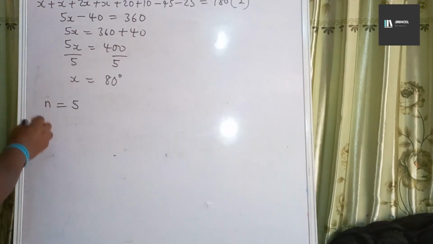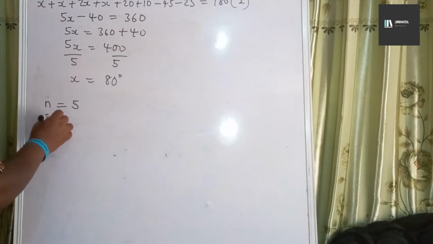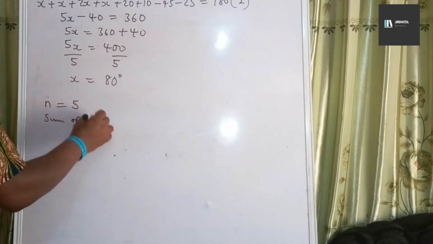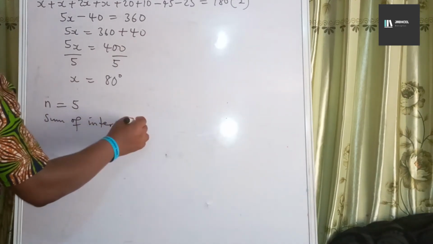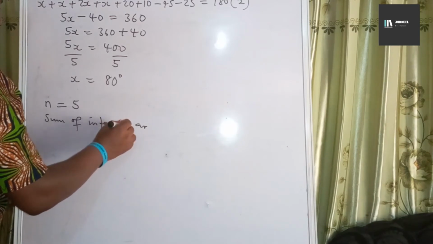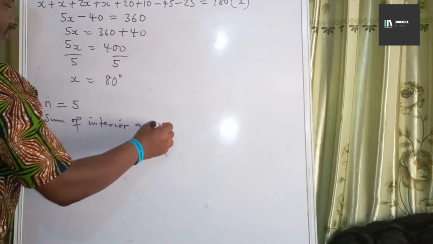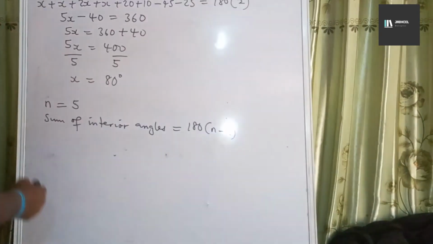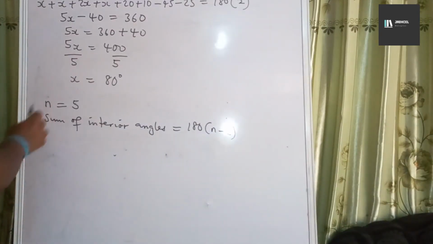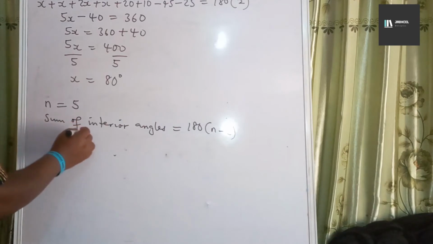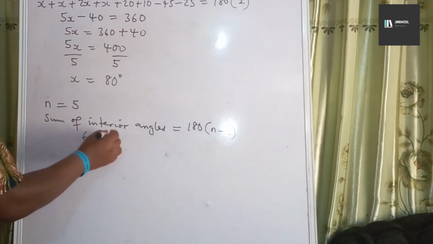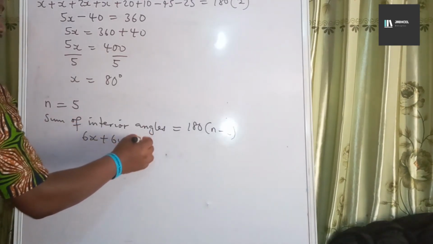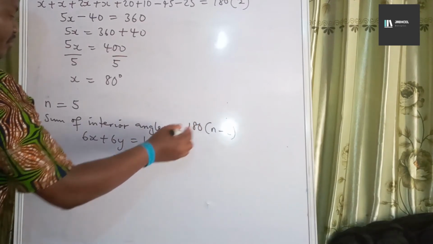So let's write the sum first. Sum of interior angles equals 180(n minus 2). Because it is a pentagon, our number of sides is 5. So the sum, 6x plus 6y, equals 180, then we substitute 5 for n, 5 minus 2.